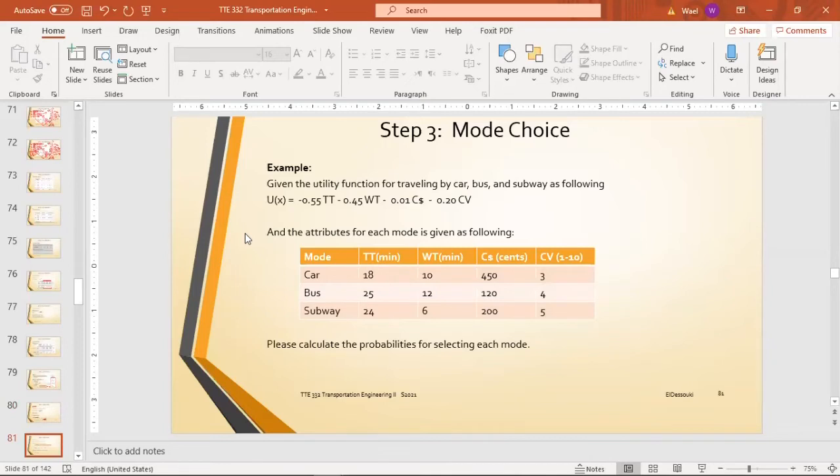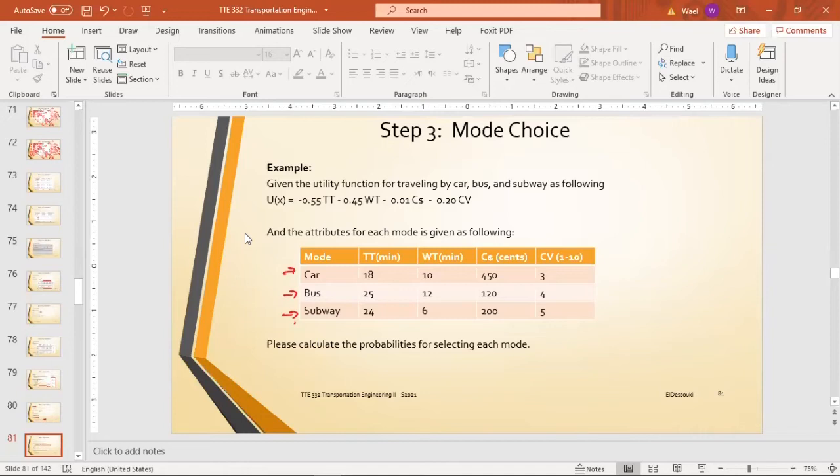To better understand the mode choice, let's have an example. We have now three modes of transportation: car, bus, and subway. And we have four attributes: travel time, walking time, cost (out-of-pocket costs in cents), and CV, that's a convenience factor, from 1 to 10.